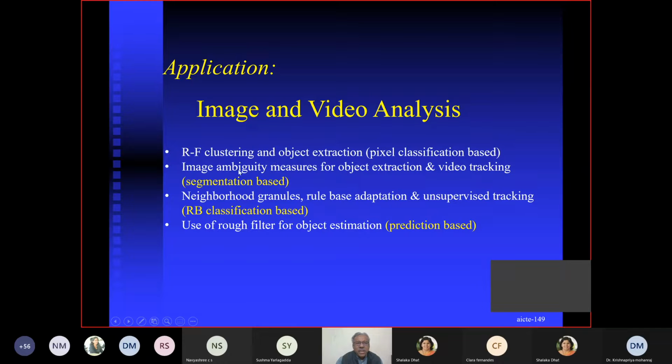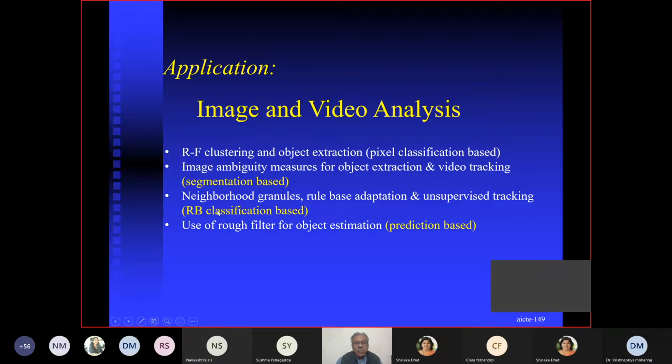So I will explain why rough fuzzy clustering is more important than ordinary clustering like k-means, and then fuzzy extraction, the pixel classification method. Then I will explain the image ambiguity measure, as I explained, rough fuzzy ambiguity measures for object extraction, and then used for video tracking. It will be a segmentation based method, unsupervised.